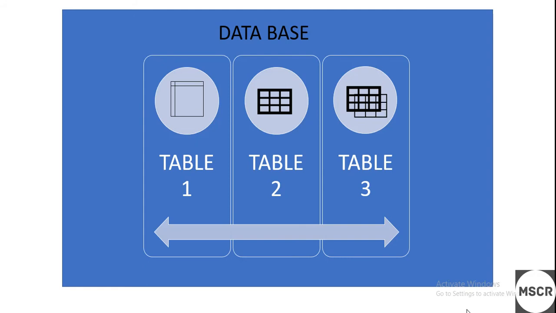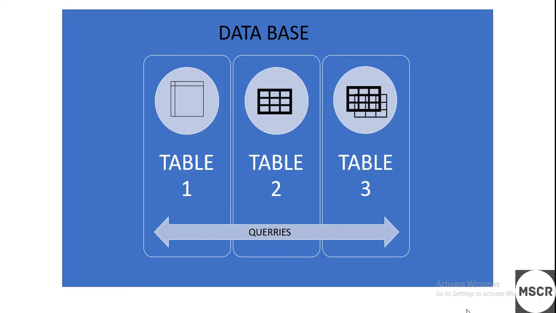Now a situation comes wherein we need to collect the data from table 1 as well as table 2, and sometimes we even need to add the details from table 3 also. These types of operations can be done with the help of queries. So we will run queries to get the required outputs from all three tables created inside the database. This is how it works.